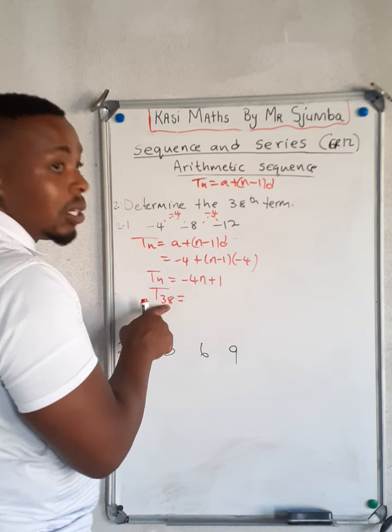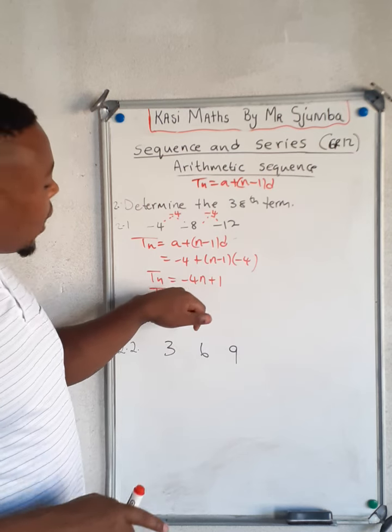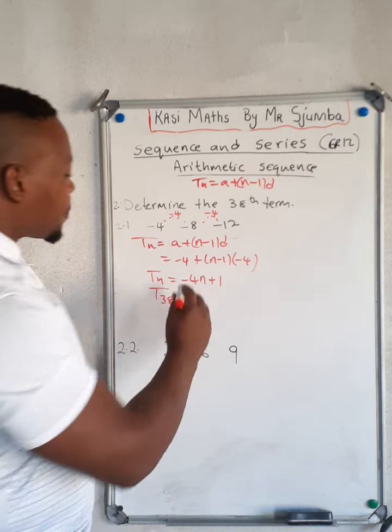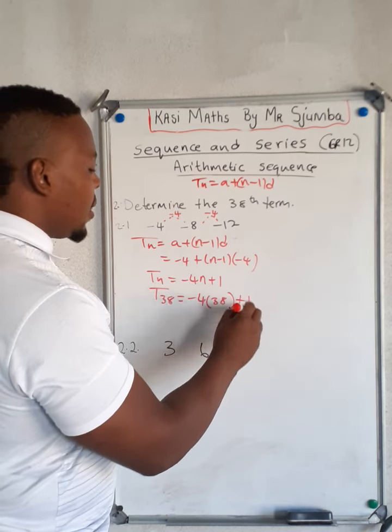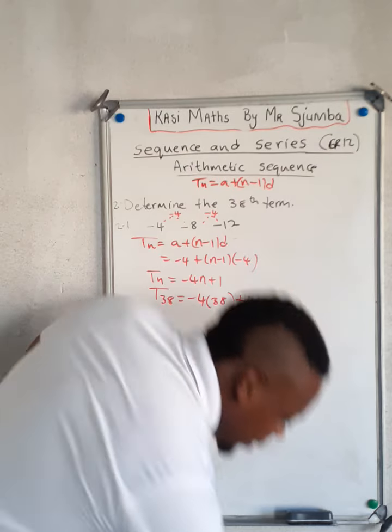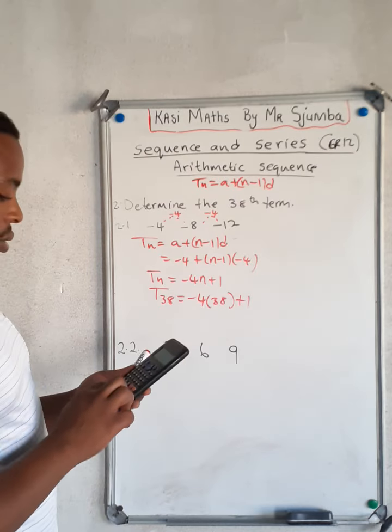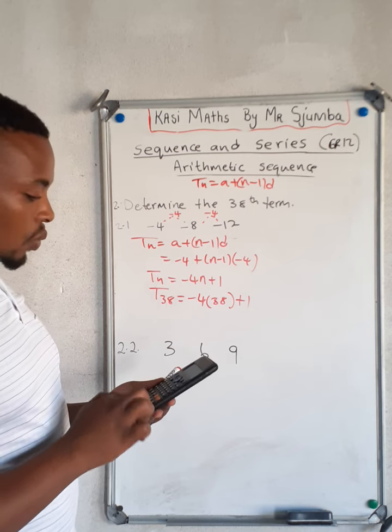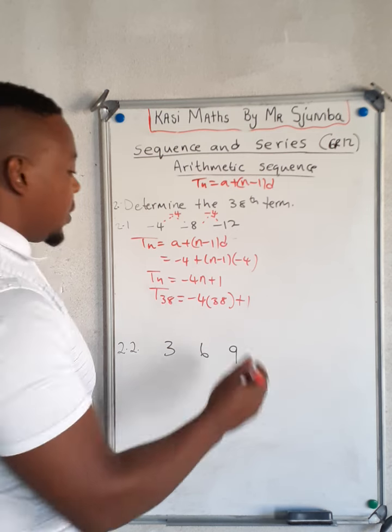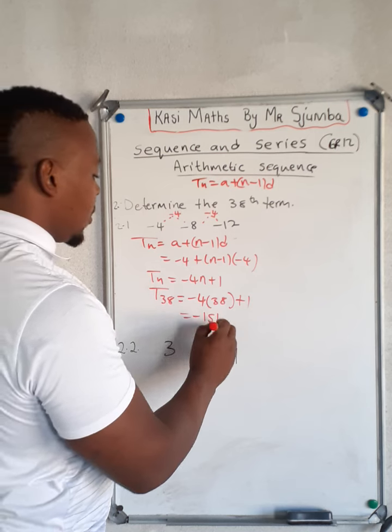Now we're looking for T38, so we substitute 38 where there is n. Here it's going to be minus 4 plus 38 minus 1 times minus 4. Let me use my calculator. Then it's minus 151.